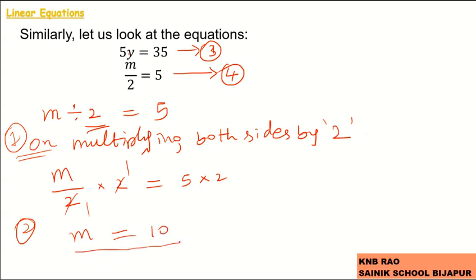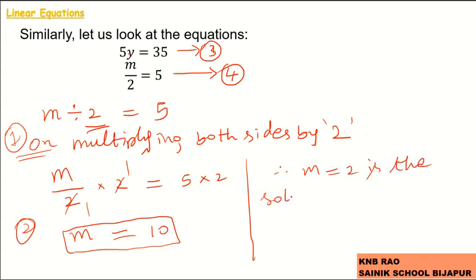So that provides you the solution almost. In conclusion, we say, therefore m equals 10 is the solution of the equation m by 2 equals 5.